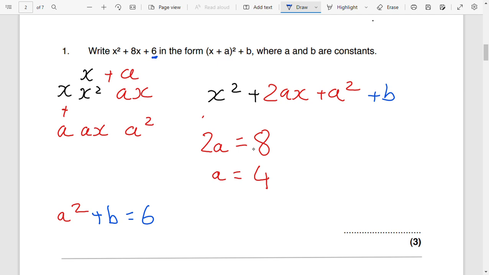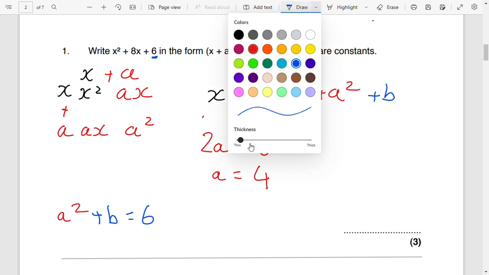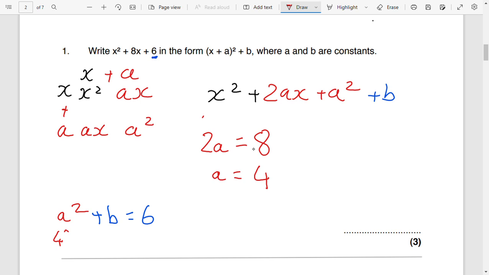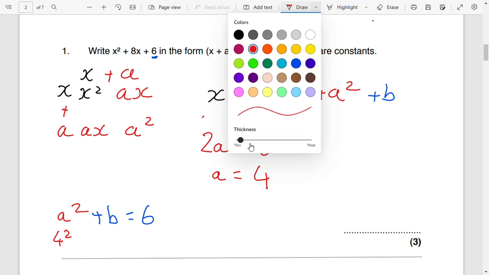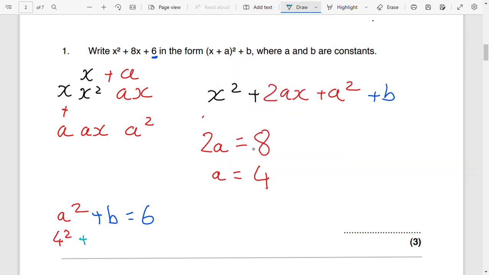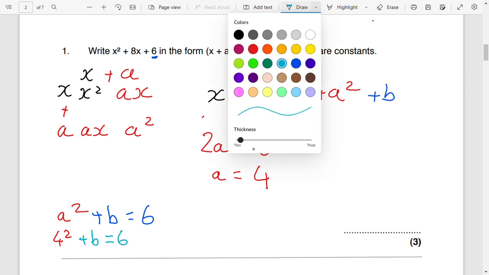So 4 squared plus b has to equal 6. So 16 plus b has to equal 6. So b is going to be minus 10.